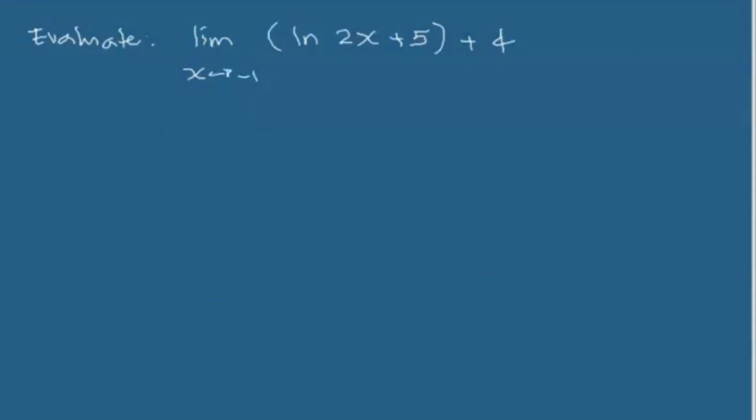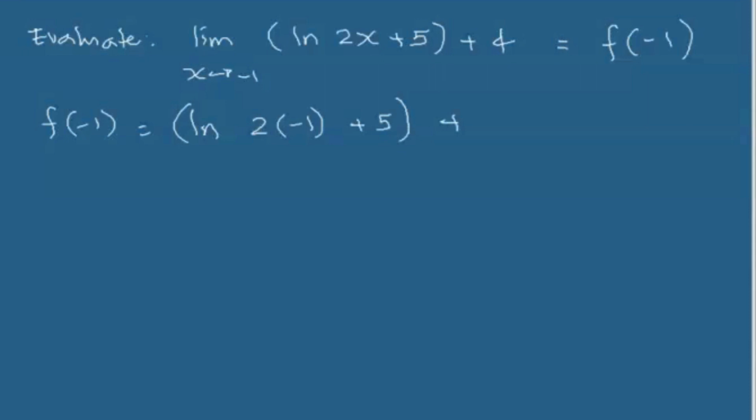Let's have a natural logarithm example. Evaluate the limit of ln of 2x plus 5, plus 4, as x approaches negative 1. So we use direct substitution. So this would be f of negative 1, which is equal to ln of 2 times negative 1 plus 5, plus 4.